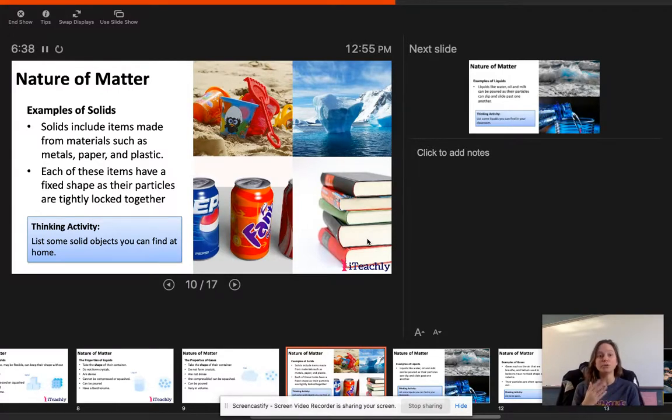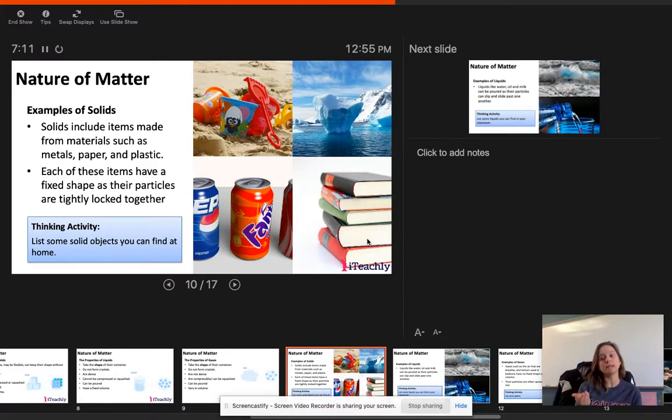These all have a very fixed shape. When we think of a book, there's definitely a shape you're thinking of in your head. If I say a pencil, there's a definite shape in your head. Now, the pencil is a hardened plastic, and we make it into the shape of a pencil. But if I heated that pencil up and excited those molecules and it became a liquid, it would change its shape.